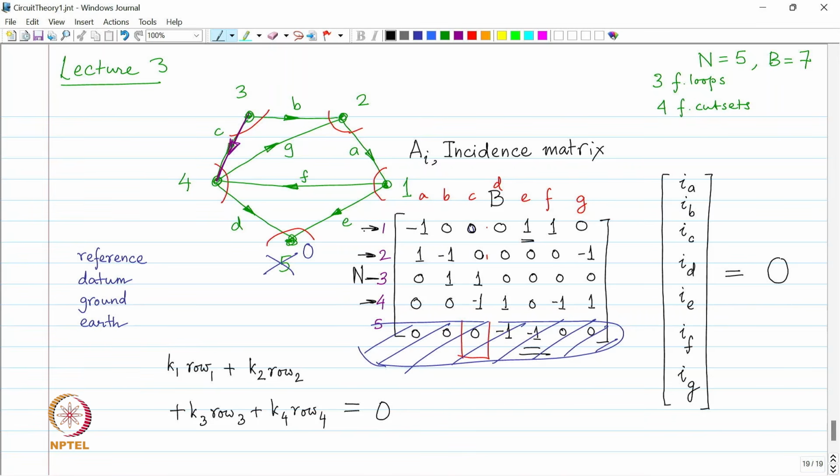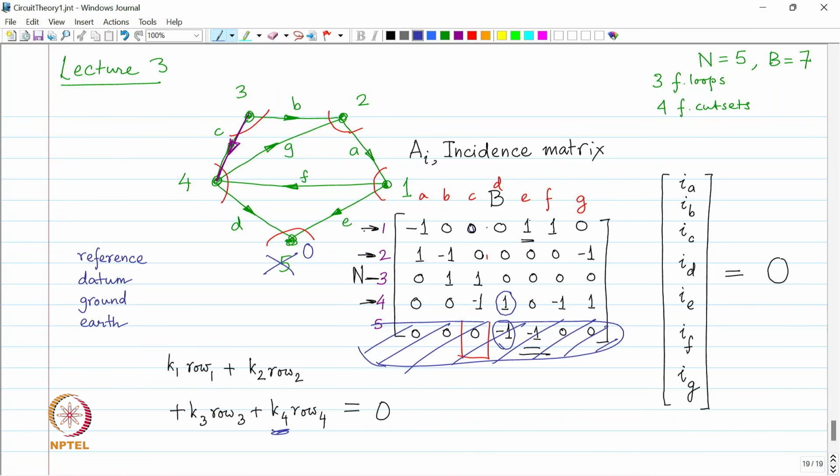So, remember, go back to the structure, right. So, if I look at this one, then this one is balanced by a single minus 1. All right. So, if I need this answer to be equal to 0 and k 4 is not equal to 0, can I have this answer to be equal to 0 with k 4 not equal to 0? k 4 has to be equal to 0, otherwise this answer is never going to be 0. You see this?